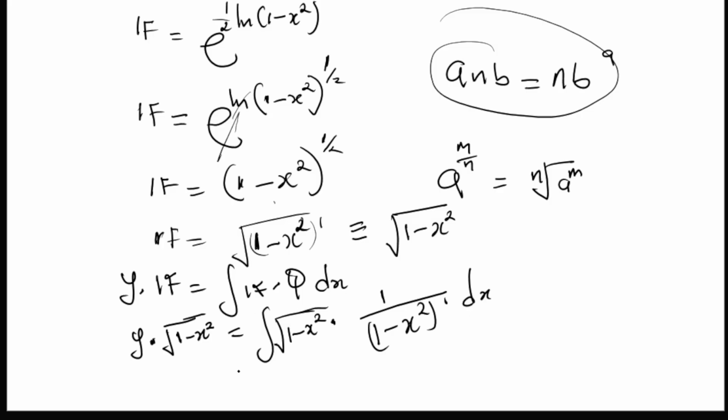We can rewrite your right hand side to be equal to the integral of the square root of 1 minus x squared divided by 1 minus x squared dx, and this will be equal to the integral of 1 over the square root of 1 minus x squared. That's what we have. So the first thing we do is integrate what we have here.